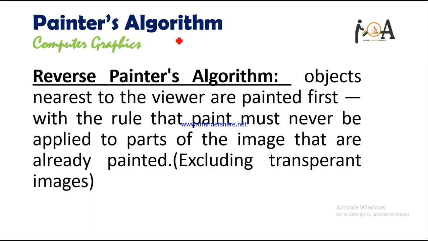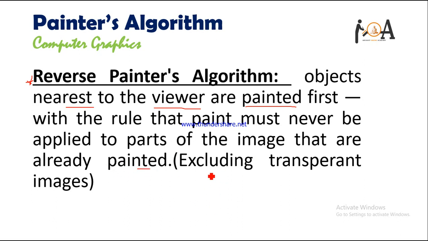Now let's discuss an important point, the reverse Painter's algorithm. Many times it may be asked what the reverse Painter's is. It is basically just the reverse of the Painter's algorithm. Where we sorted the objects and painted the farthest first and the nearer later, in reverse Painter's algorithm, objects nearest to the viewer are painted first, with the rule that paint must never be applied to parts of the image that are already painted, excluding transparent images.